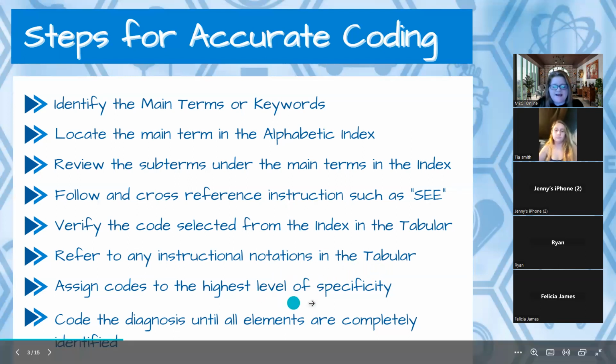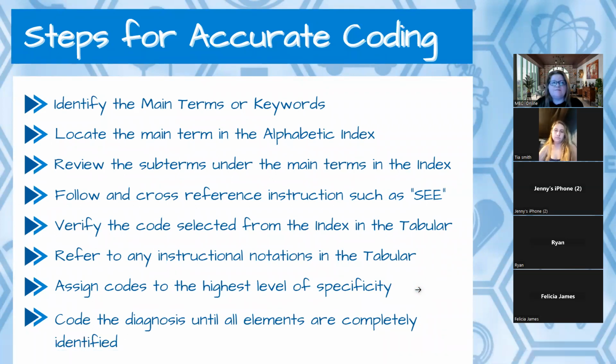Assign codes to the highest level of specificity. For example, pain in shoulder. Was it the left shoulder, the right shoulder, or did they not tell you? Right, left, or unspecified. You've got to follow your indentions and make it as specific as you possibly can.